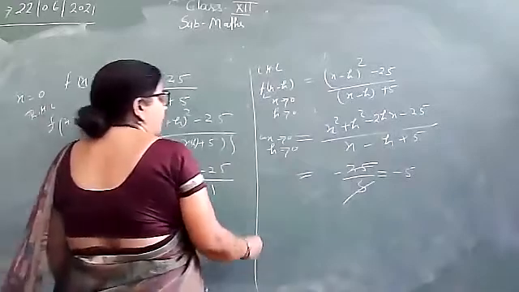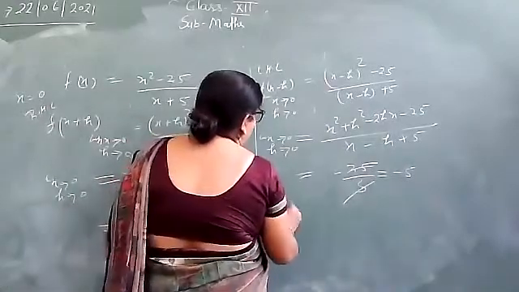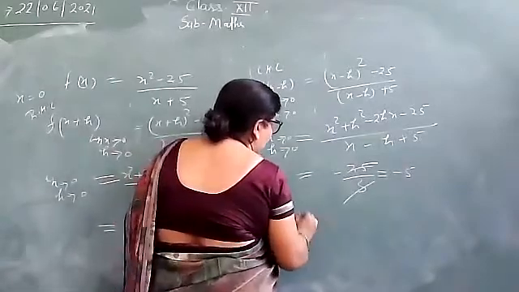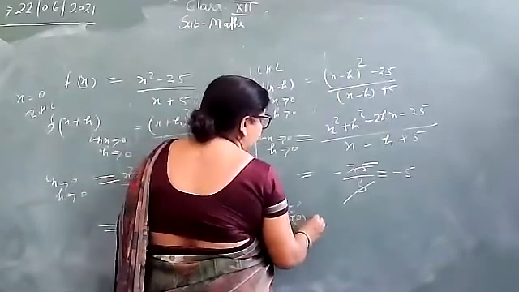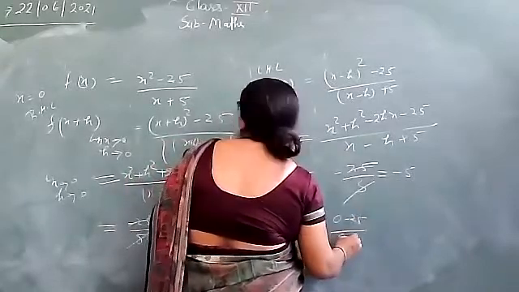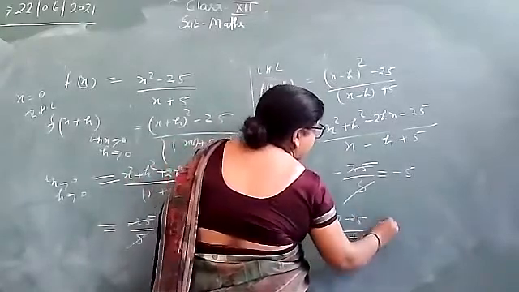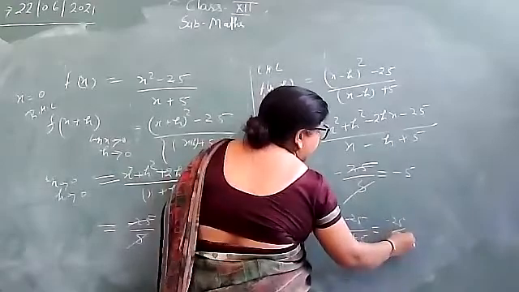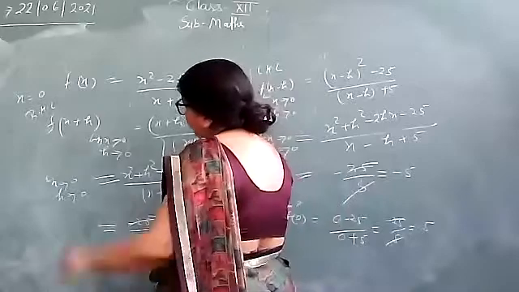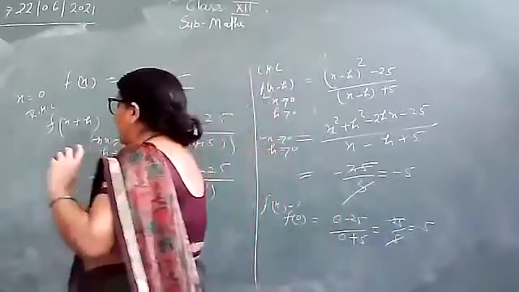Then we find f(x) also, f(x) and f(0). f(0) is 0 square minus 25 upon 0 plus 5. So we get minus 25 upon 5, which is minus 5. So we saw here RHL, LHL and the function are equal.